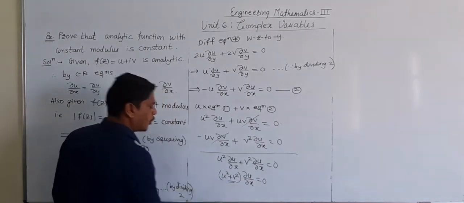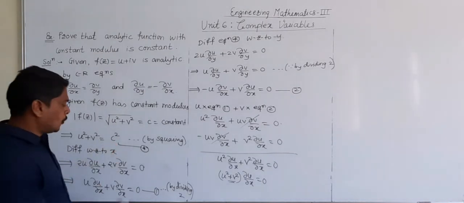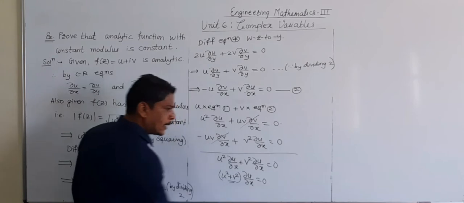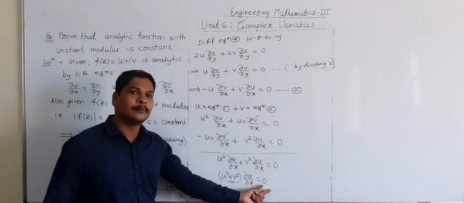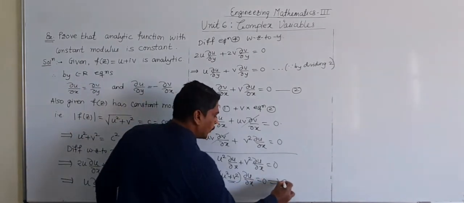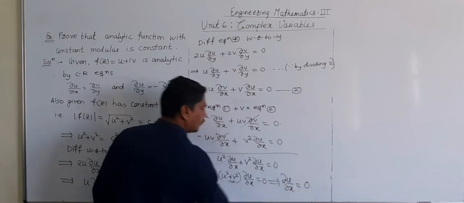Now this term is constant. We know that u square plus v square is equal to a constant, which is a non-zero constant. So shift this non-zero constant toward the right side. 0 divided by any non-zero constant becomes 0. So we get the partial derivative of u with respect to x is 0.